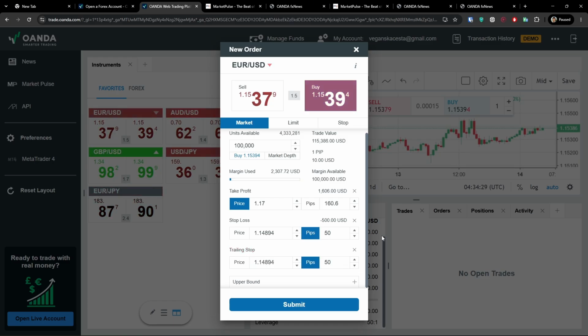With the trailing stop, while the price goes up, the trailing stop increases. Even when it drops here, you're not going to sell here, you're going to sell here, because the stop loss increased.